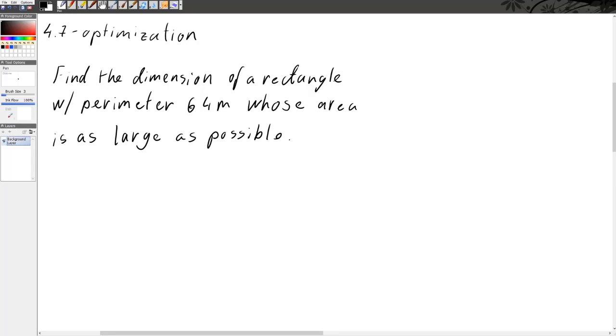Usually what we want to do for this kind of problem is to, one, find two equations, two, make it into one equation by substitution.